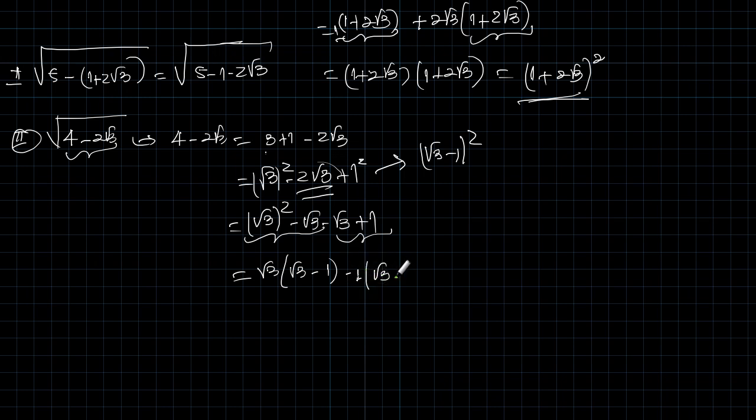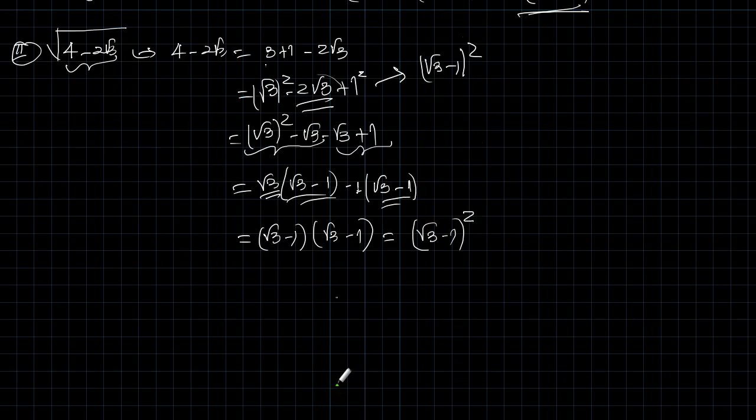So this is square root of 3 minus 1, and this will return square root of 3 minus 1. Okay, this is common. We are left here with square root of 3 minus 1, so this is square root of 3 minus 1 to the power 2.